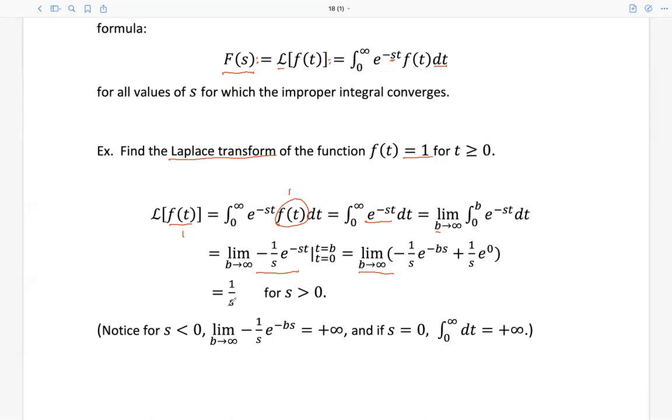In the end, we get 1 over s. So the Laplace transform of the constant function 1 is 1 over s, where we want s to be a positive number.